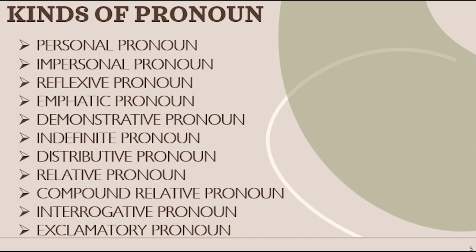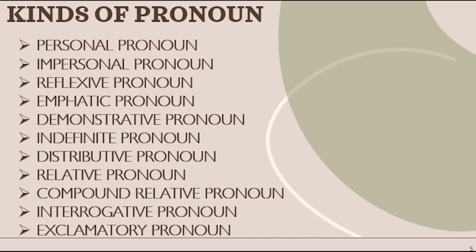Okay, let's talk about distributive pronouns. Now, as the word suggests, they are distributive pronouns because they refer to a person or thing one at a time. They distribute in a sense. For example, each of the boys got the pizza. Each took its turn.